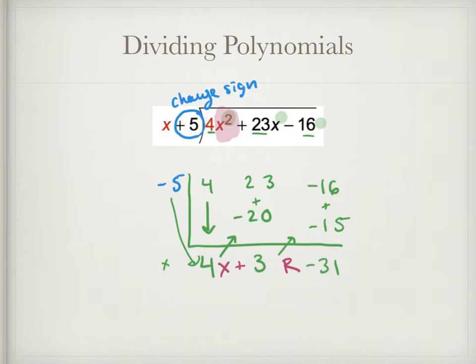And this is our answer: 4x plus 3, remainder negative 31. So this is just a different type of technique to use to divide polynomials.